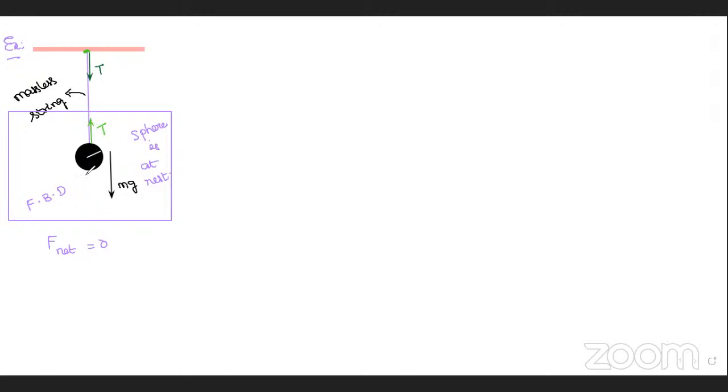Because two are there, not a single one. Those two are in opposite directions. That's why I can write one upwards. Suppose that is T. The other is mg. Actually, I have to take plus, but they are in opposite directions, so I have to put minus. Net force is equal to 0.